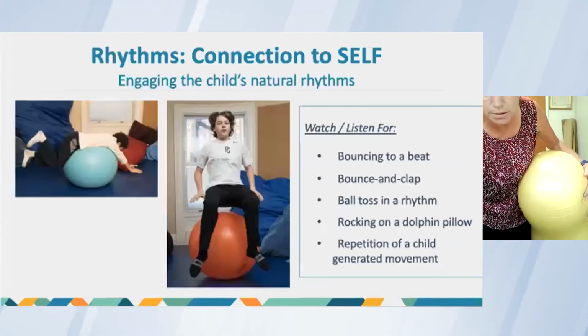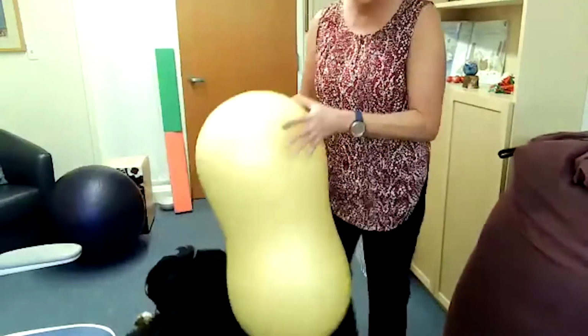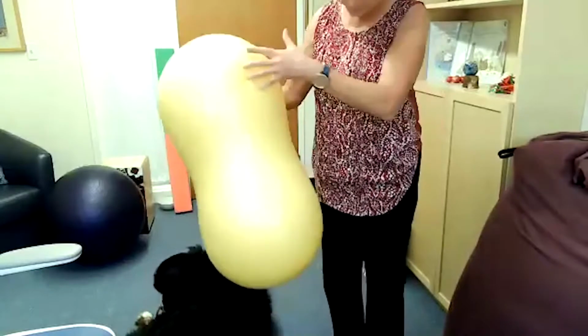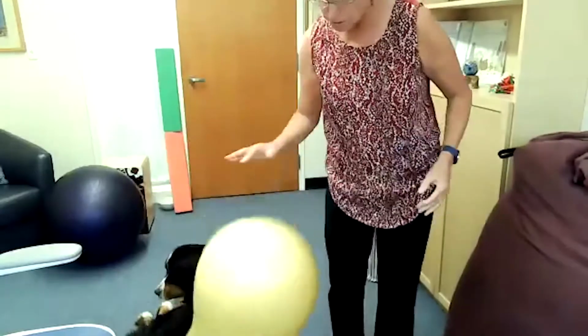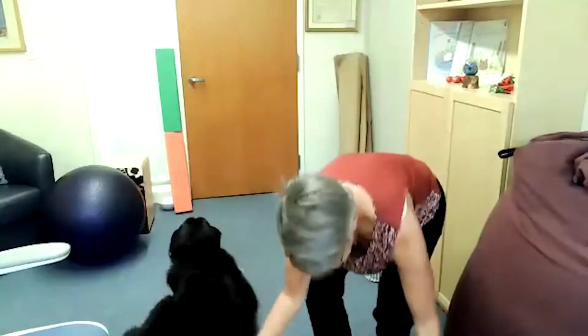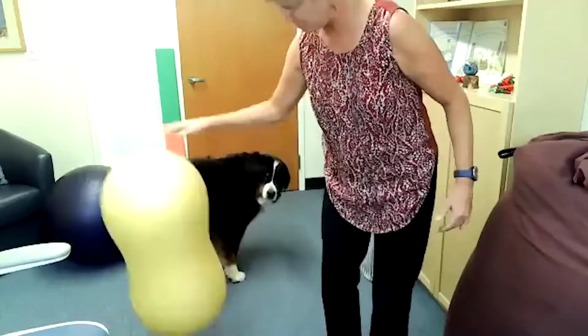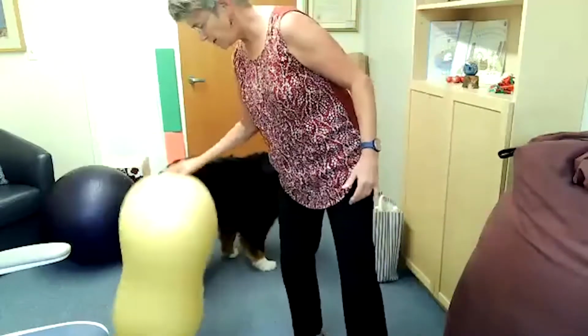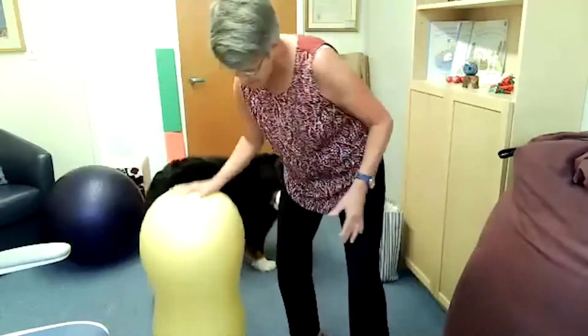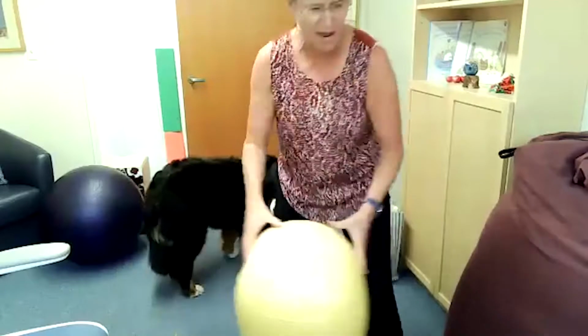Hold on a sec, stop share. And they're sitting across from each other and they're using a little peanut ball like this, and they're just bouncing it. And as you watch it, you'll see that they'll bounce it towards each other and back.